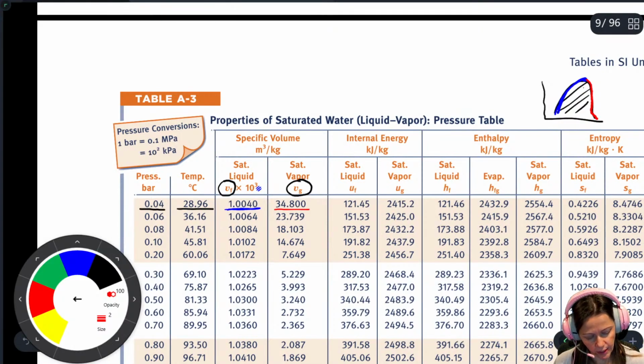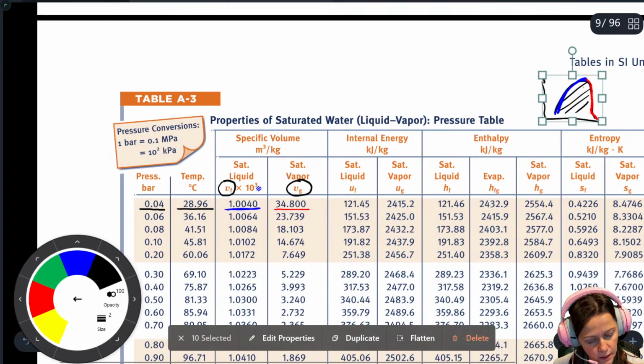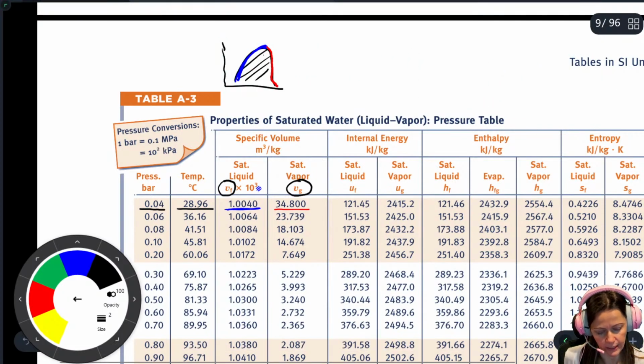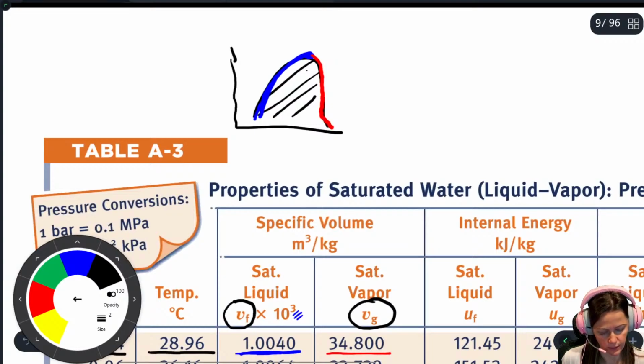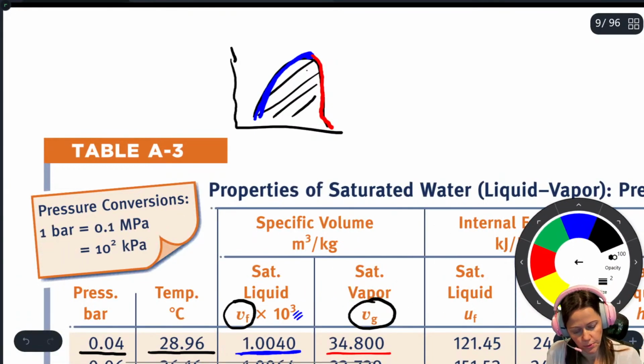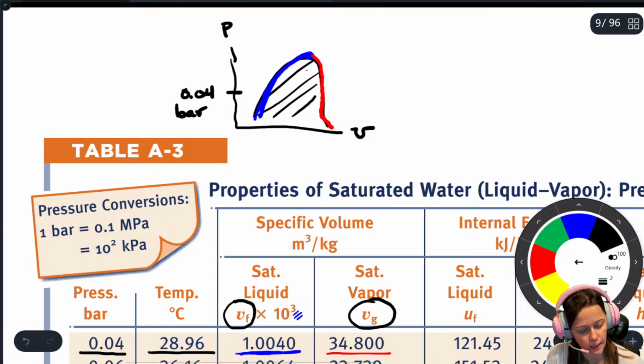So let's say this is a PV diagram. If I'm at 0.04 bar, and I'm right on that saturated liquid line, I have a saturated liquid.